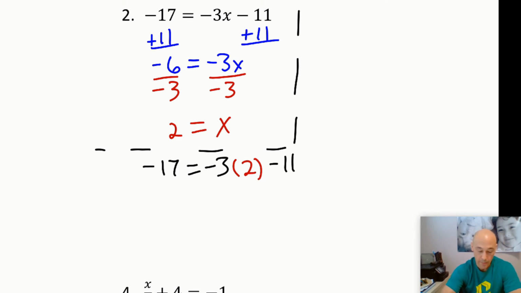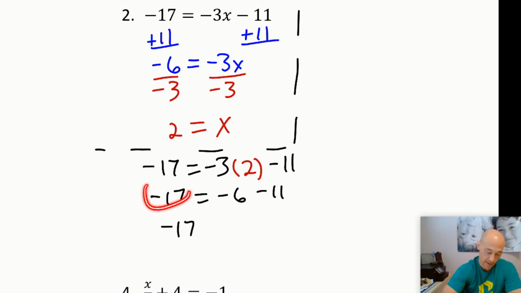So now we do PEMDAS because we're not solving now, we're just simplifying one side. Negative 3 times 2, well, that's negative 6 minus 11. On the left-hand side, we have that negative 17 just comes down. And on the right-hand side, negative 6 minus 11, that is negative 17. And that checks.